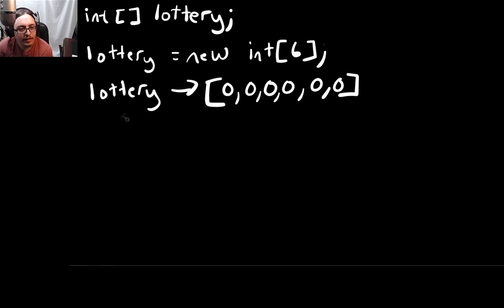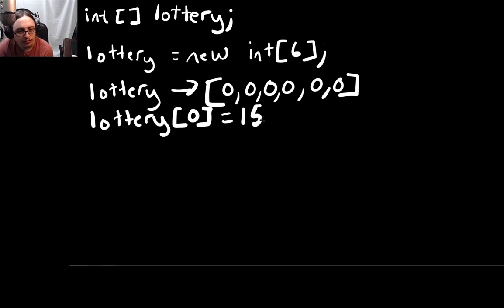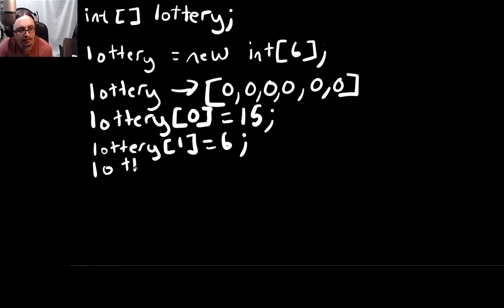So if we wanted to set those, we can go lottery 0 equals 15. And lottery 1 equals 6. And lottery 2 equals 68.